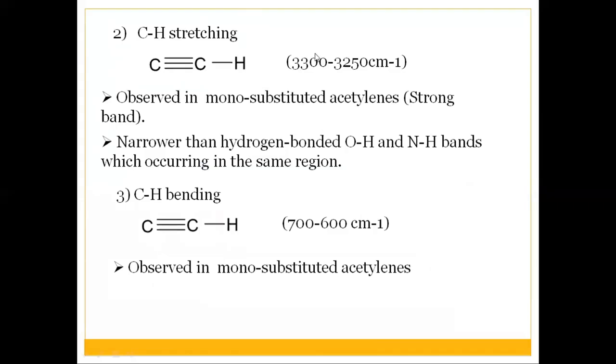In this region, the OH and NH bands will also occur, but if you compare with this CH stretching near the triple bond, these are the narrower ones. Then the third type of band observed in alkynes will be CH bending. It will be between 600 to 700 per centimeter and observed in monosubstituted acetylenes.